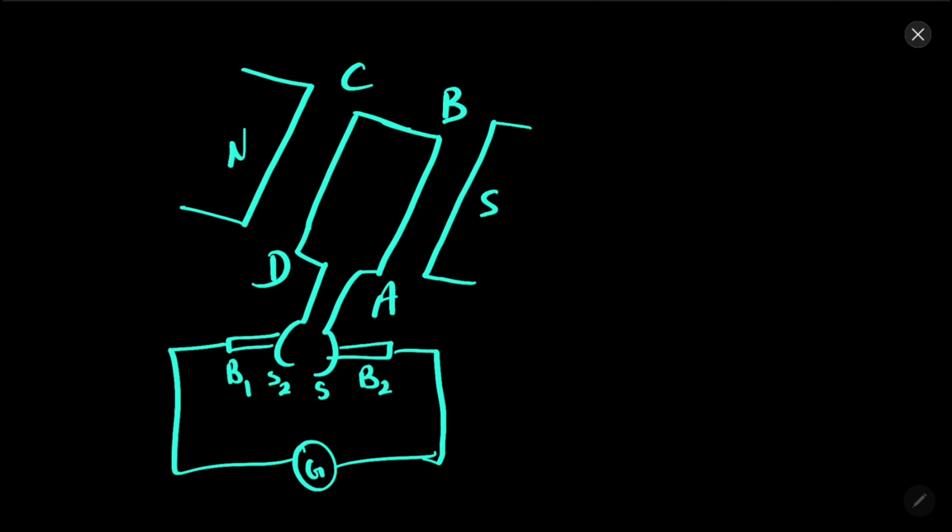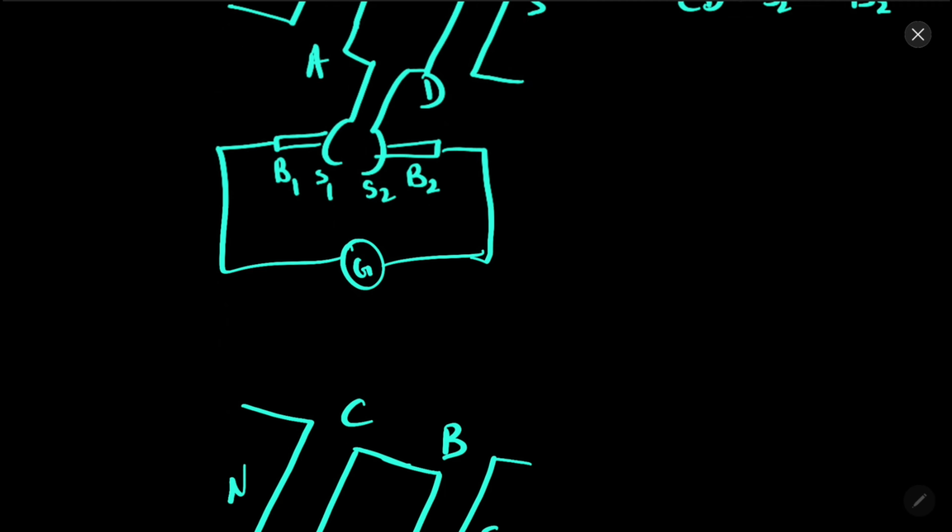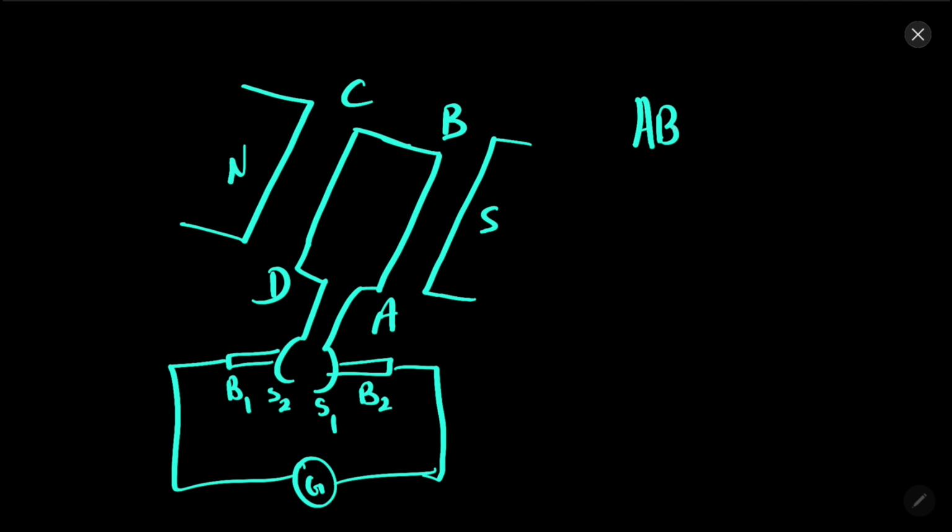So S2 will be in contact with B1 and S1 will be in contact with B2. Here AB will always be in contact with S1, but S1 is now in contact with B2, and CD is in contact with S2, which is in contact with B1.